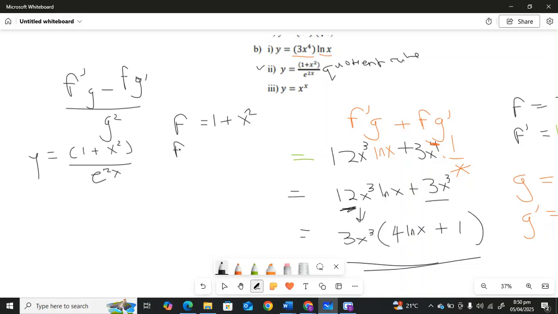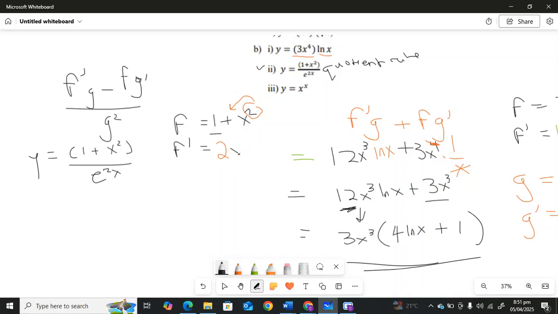So F prime means we derive this. When you're deriving, when a number doesn't have a letter, in differentiation, the number disappears. I believe I showed you last time how the number disappears, right? So this one disappears. This x squared, remember, exponent multiplied by the coefficient, 2 times 1, that is 2.